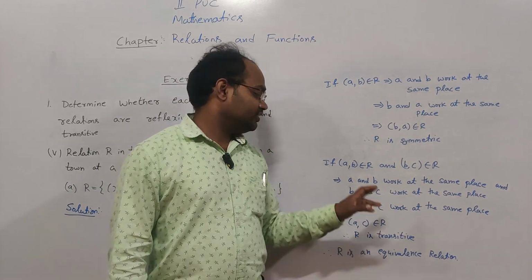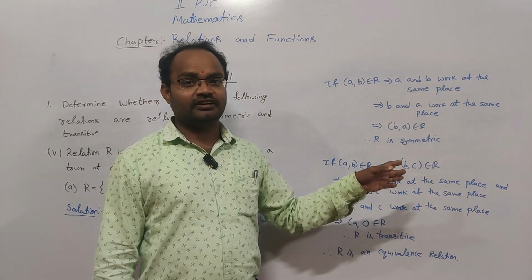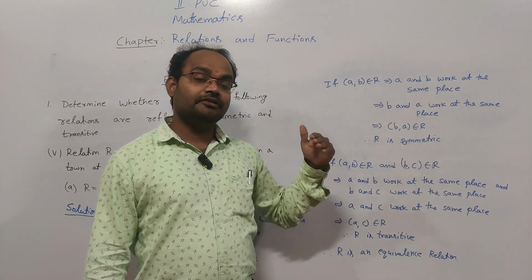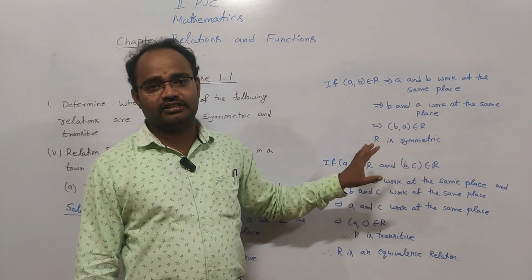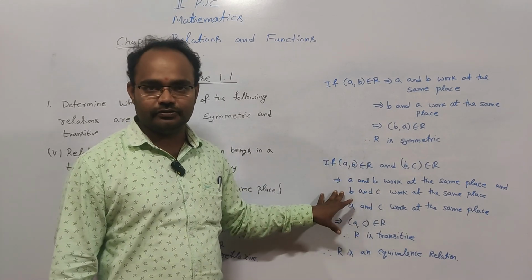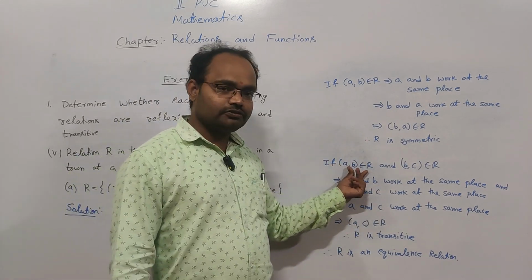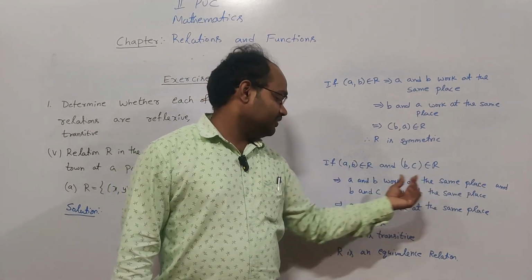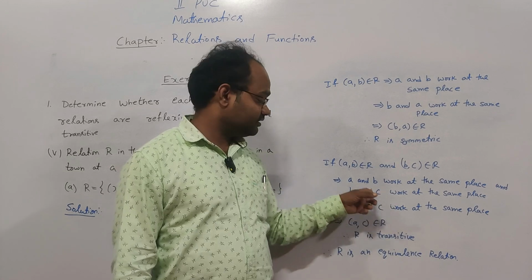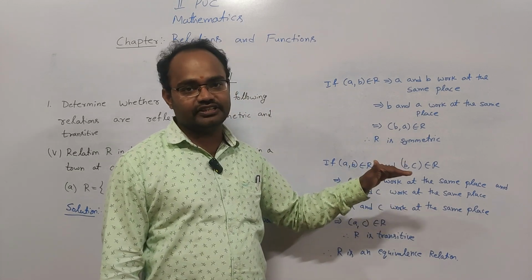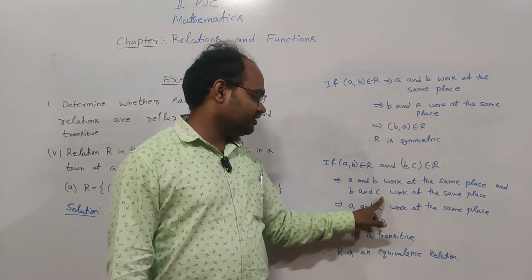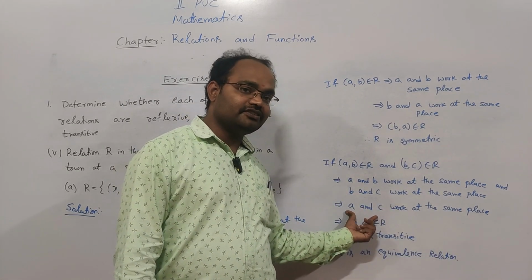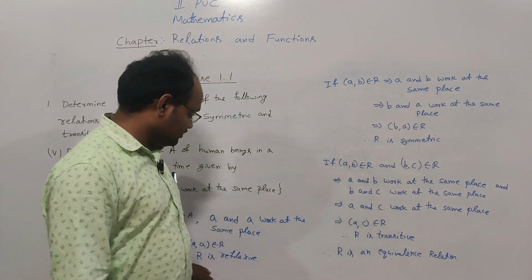It must be transitive. If you and your friend work at the same place, and your friend and their friend work at the same place, then you and their friend also work at the same place. So the same logic we will use here. If (a, b) belongs to R and (b, c) belongs to R, a and b work at the same place, b and c work at the same place, then a and c must work at the same place. If a and c work at the same place, it satisfies the given relation.